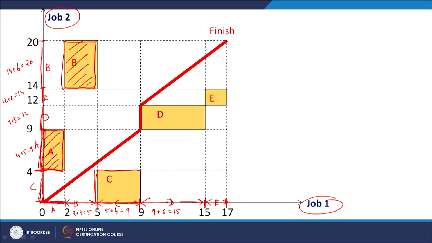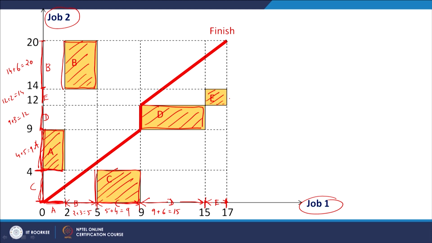So, the rectangle that is obtained is this one. Then comes D. This is the rectangle corresponding to D, and finally, the rectangle corresponding to E. So, this is the way we have constructed the rectangles.